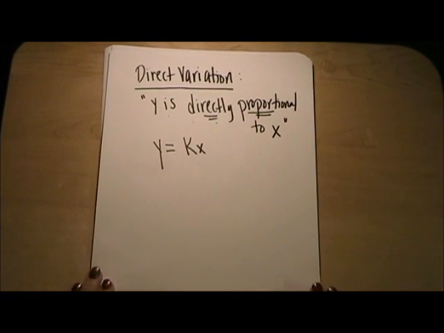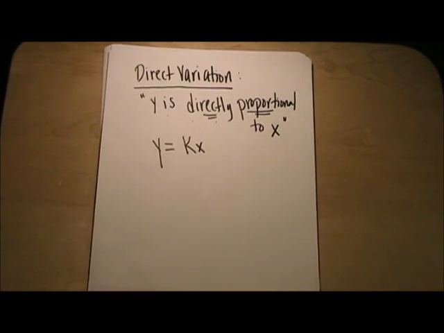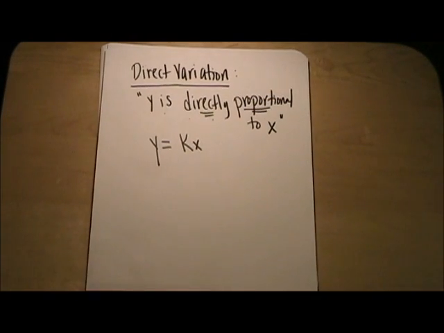So if you notice, it's in this section because it is a linear equation. We just don't have a y-intercept. The y-intercept would be 0, 0. Okay.